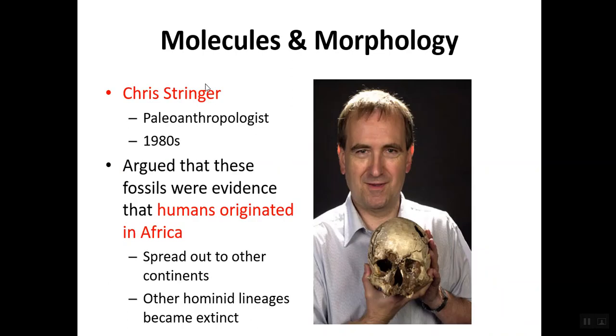So Chris Stringer, a known paleontologist, argued that humans, Homo sapiens, originated in Africa, and then started spreading out to other continents. We will talk about this. This is not just a theory, this is a fact. So whether you like it or not, we all come from Africa. This is where Homo sapiens appeared.